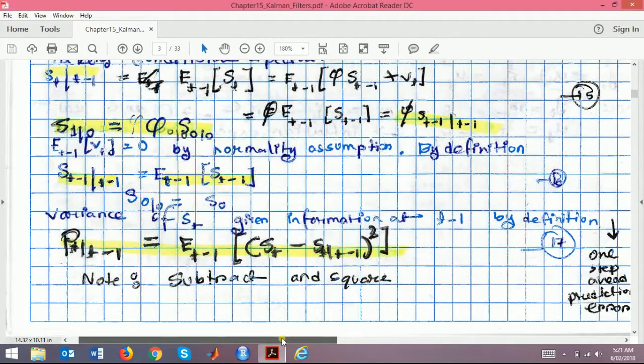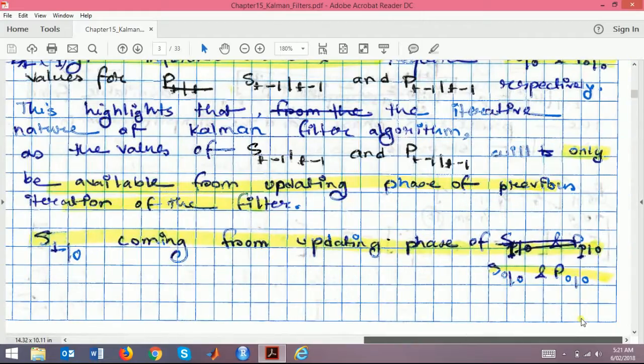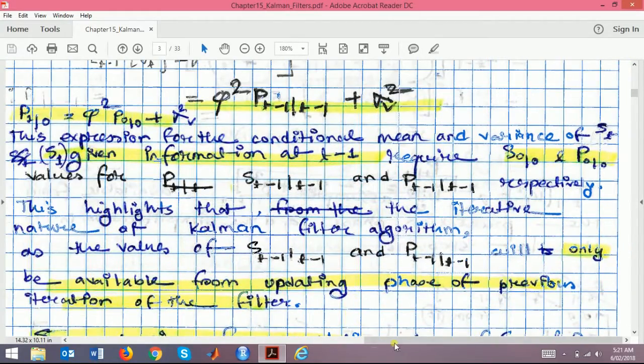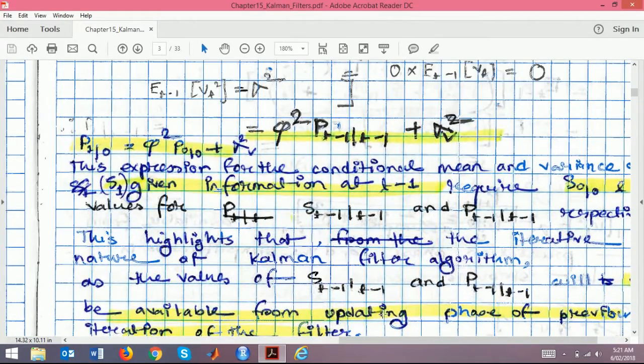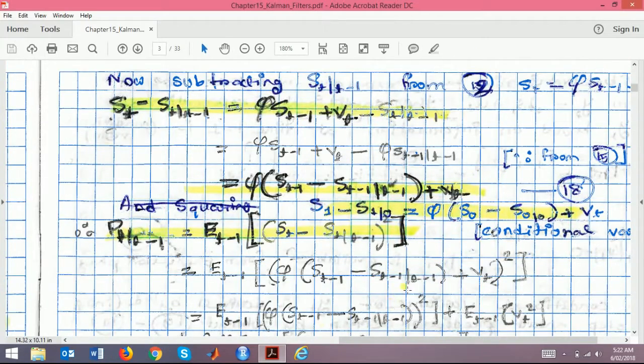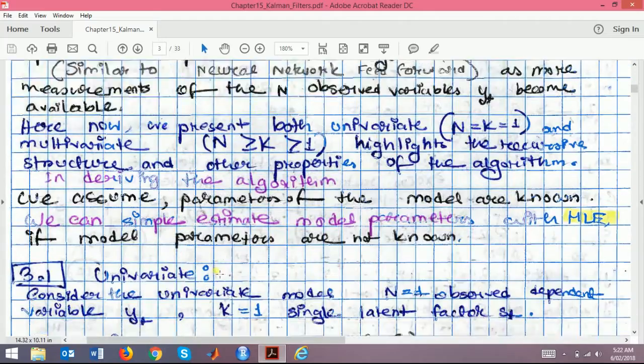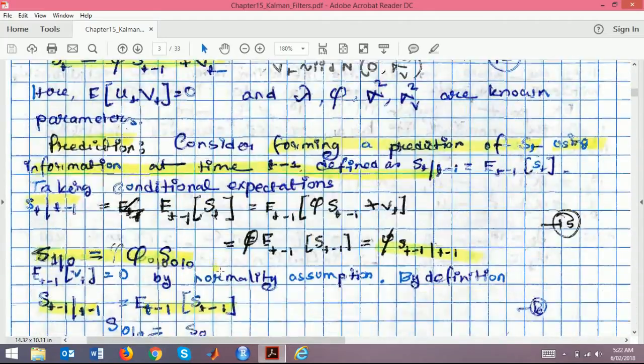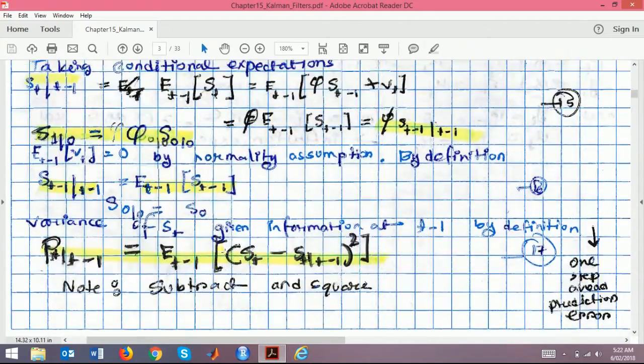And the conditional variance of S1 is P1|0 equals phi square P0|0 plus the variance of the disturbance term, sigma square v. That's all.